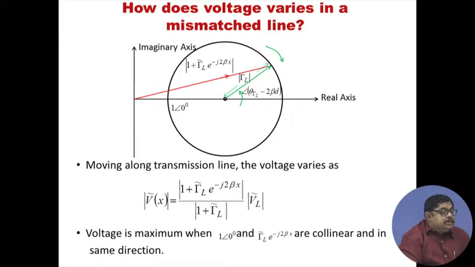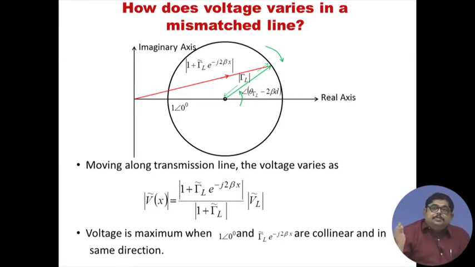The voltage in the line, meaning the total voltage, that is the incident voltage plus the reflected voltage, is given by this formula: the magnitude of Vx, where Vx is a phasor, is VL times 1 plus the load reflection coefficient gamma L e to the power minus j 2 beta x, divided by 1 plus gamma L, where x is the distance from the load. The load is at x equal to 0, and VL is the voltage at the load.